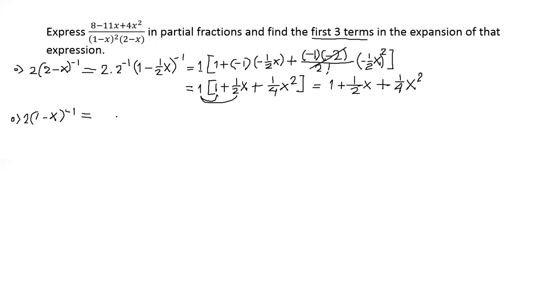According to the binomial expansion rule, it becomes 1 plus negative 1 times negative x, plus negative 1 times negative 2 over 2 factorial times negative x squared.